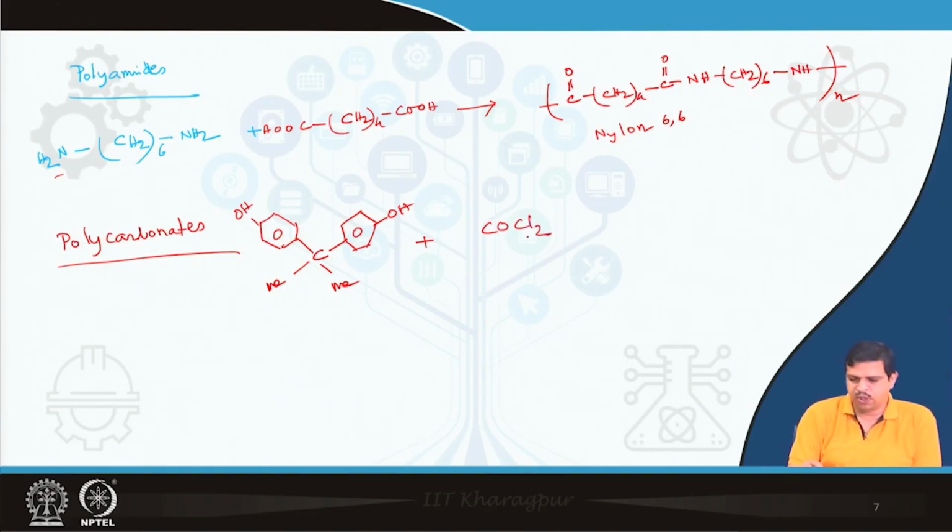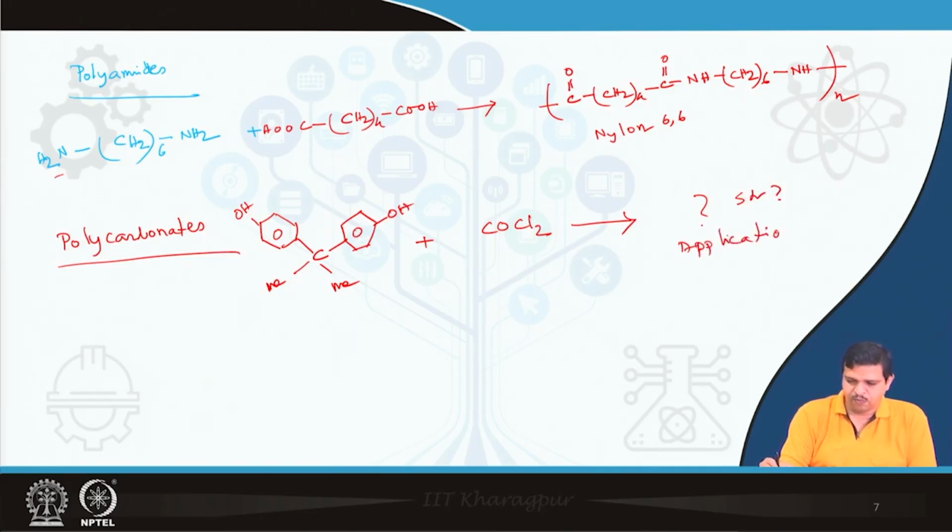This is the phosgene gas, COCl2, and this is a bisphenol, and you will get this polymer. You can do this after the class: what are the polymer structure and the applications? If you know, this is fine. If you do not know, this can be treated as an assignment.